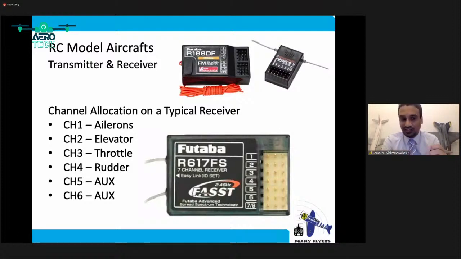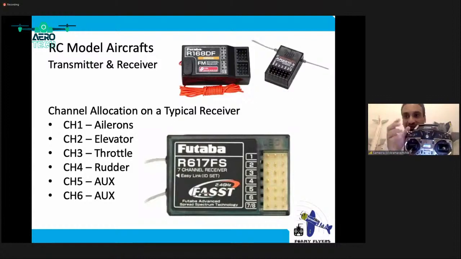Then channels 5, 6, or however many you have are auxiliary channels, so extras. For example, if you have a 10-channel transmitter, like I do, I have extra switches and knobs as well. Whatever channel I designate a particular switch to, it will control that.